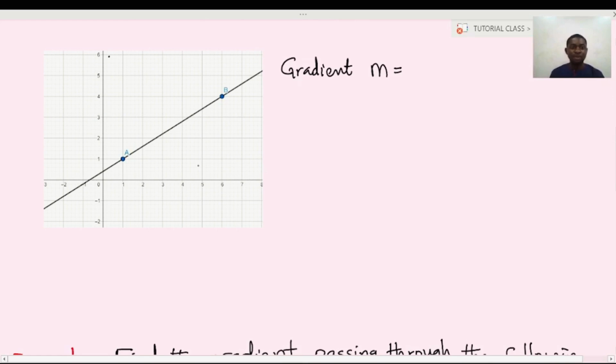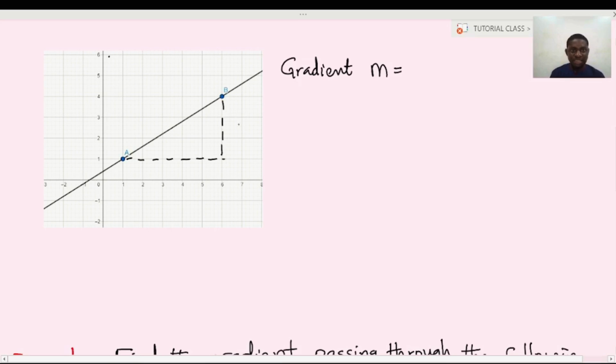So here, if we look at this straight line that passes through the points A and B, if we are to determine the gradient, what we need to do is pick these two points.